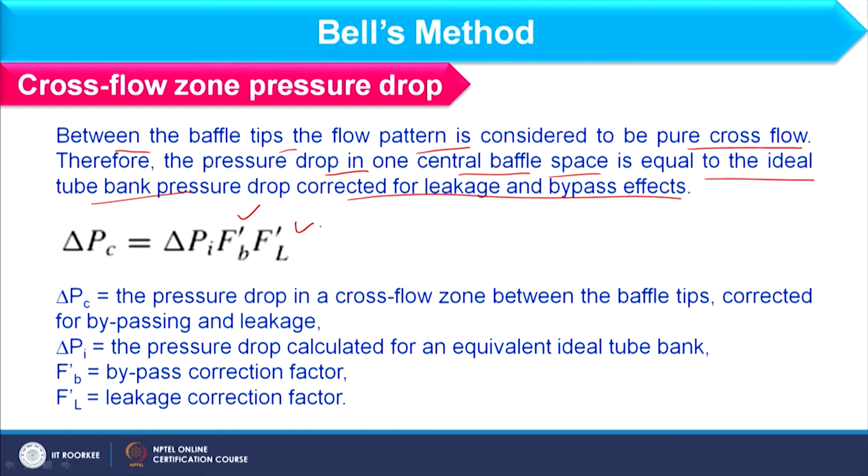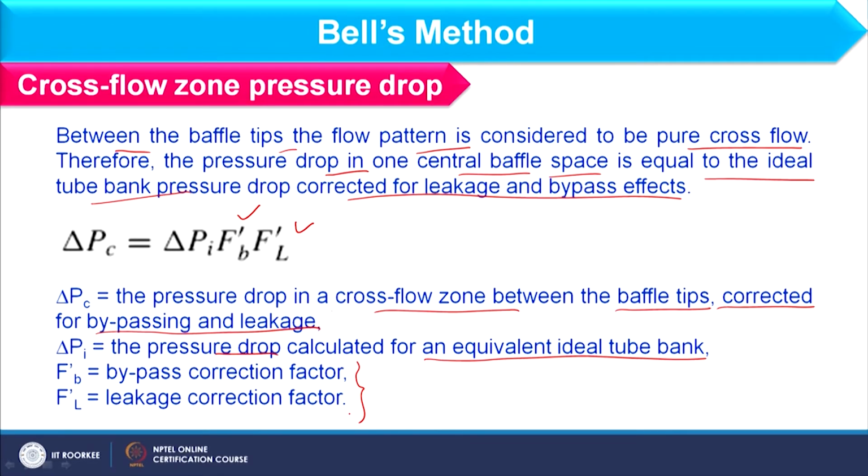Here we have used the bypass correction factor and leakage correction factor and named them differently using prime, Fb' and Fl'. Those are the bypass and leakage correction factors for pressure drop calculations. Delta Pc is the pressure drop in the cross flow zone between baffle tips, which should be corrected by bypass and leakage. Delta Pi is the pressure drop calculated for an equivalent ideal tube bank, and Fb' and Fl' I have already discussed.